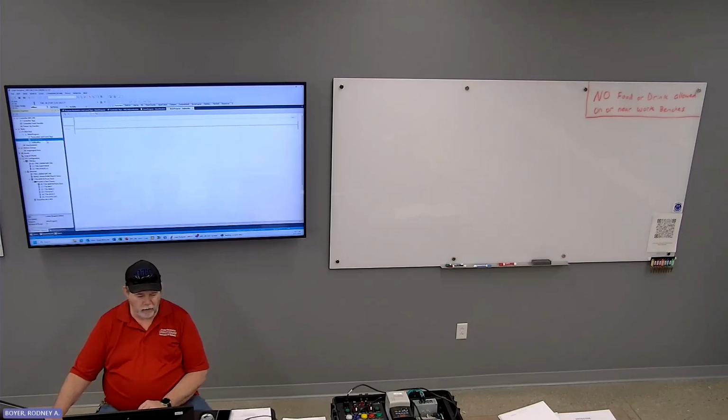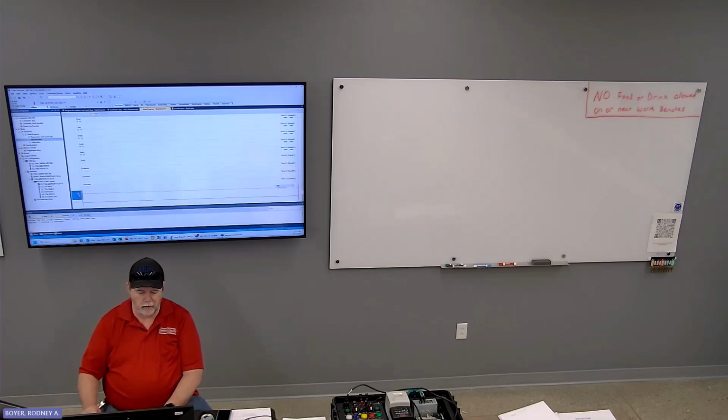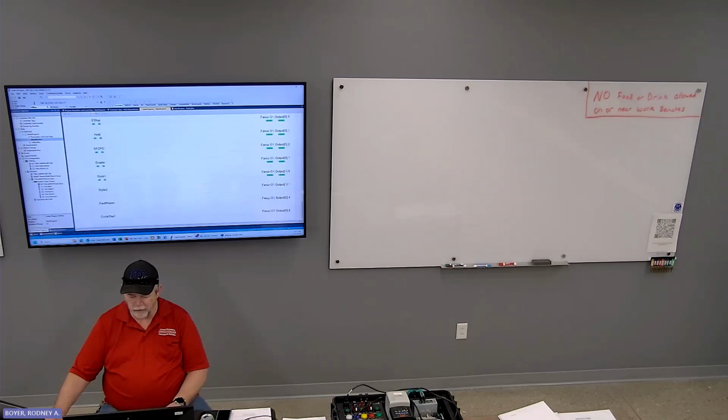So if I go back to my main routine and add the instruction, there's a handy little drop down menu to pick which routine I want to jump to.